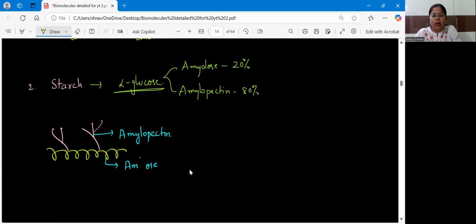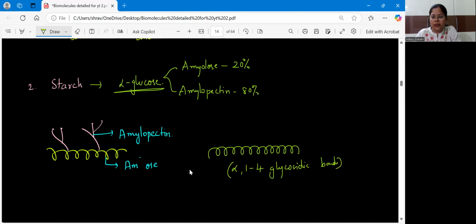Now, how are these arranged? If you talk about amylose, amylose is arranged in the form of a helix, something like this. And this helix is made up of alpha 1,4 glycosidic bonds. So whatever glucose units are there will have alpha 1,4 glycosidic bonds.